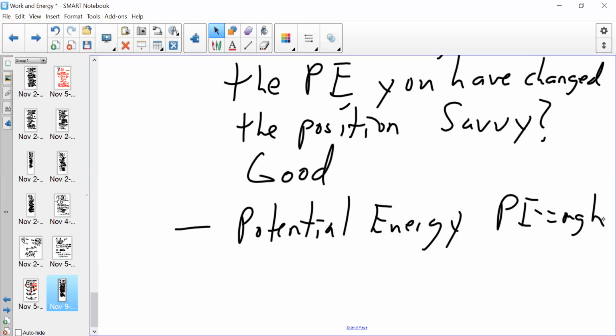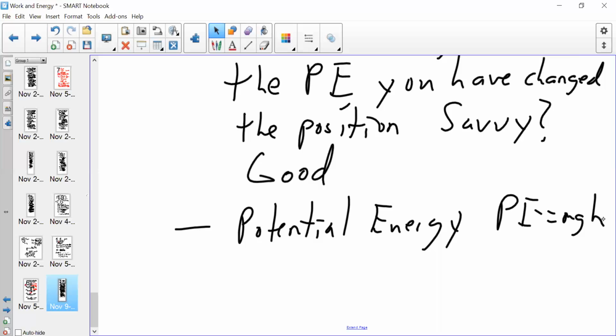Typically we just call it h because we raised the object into the air, and then we can let it fall at some other time. We can let it drop. But potential energy is mass times gravity times height. If there is no height, there is no potential energy at that point.